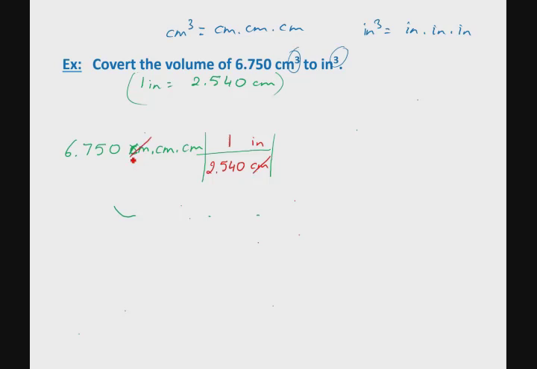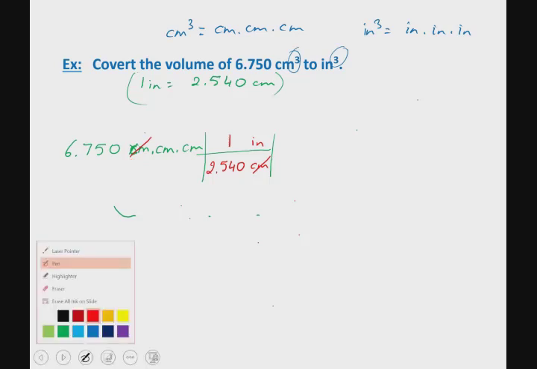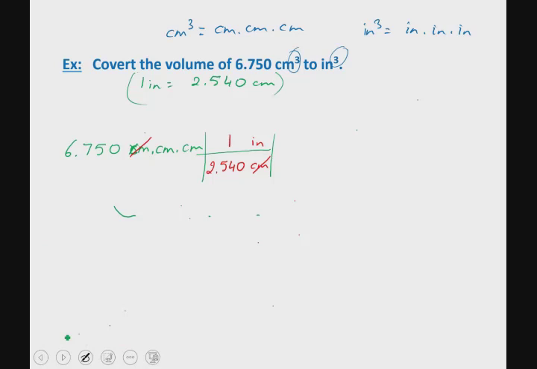What do I need to do in order to be able to cross out all the 3 centimeter cubes, all the 3 centimeters multiplied by each other, and end up with inch times inch times inch? You're right, absolutely. I will need to use the same conversion factor 3 times.